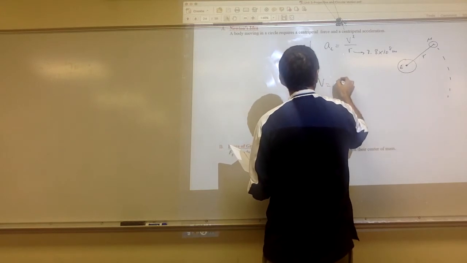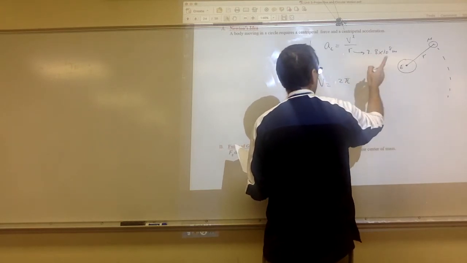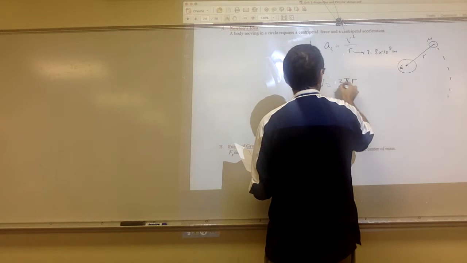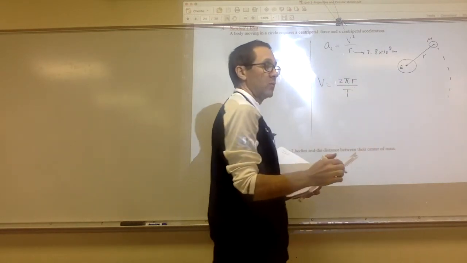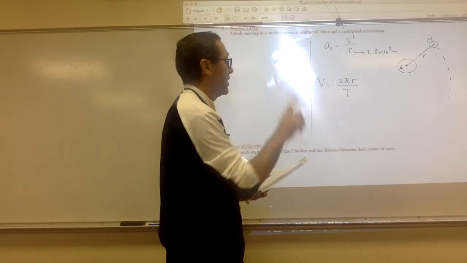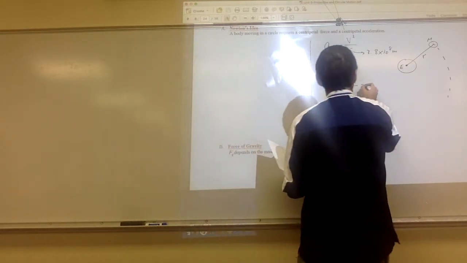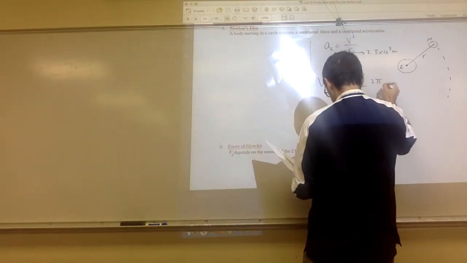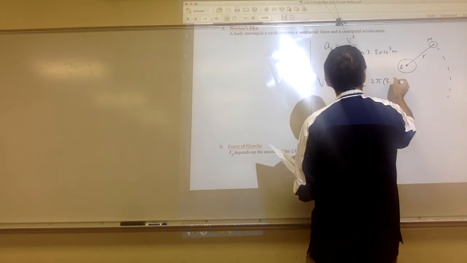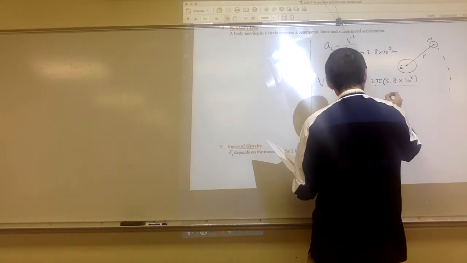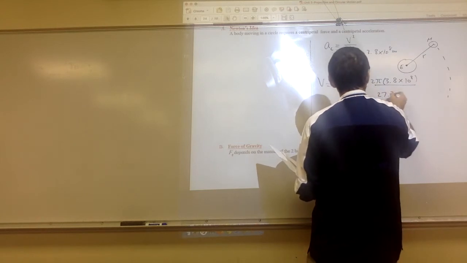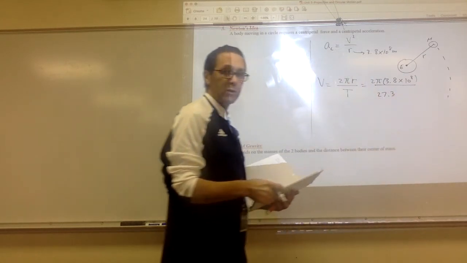Now V, assuming that the moon goes around in a circle, is 2 pi the radius of the orbit divided by the period, which is the time it takes the moon to go around the Earth once. Now this is going to be 2 pi times 3.8 times 10 to the 8 over, now it takes 27.3 days for the moon to go around the Earth.